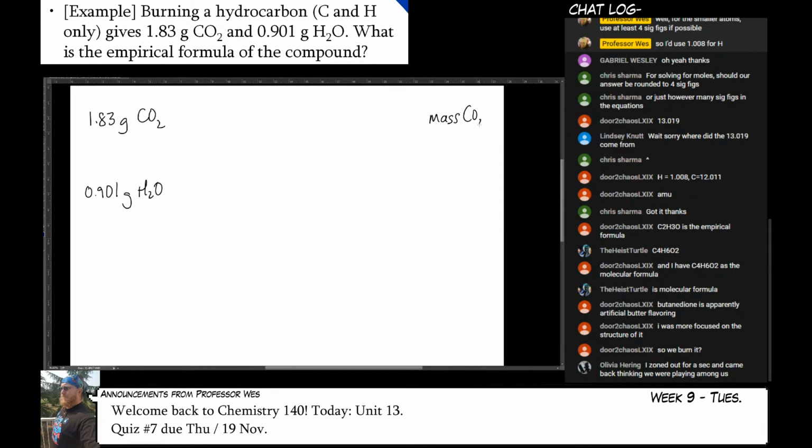So I started with the mass of CO2. We're going to turn that into moles of CO2, and then moles of carbon. Okay, so let's do that. Mass CO2 turns into moles CO2, and then moles of CO2 turns into moles of carbon.